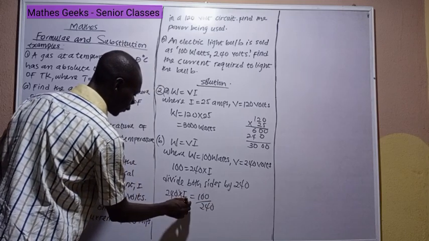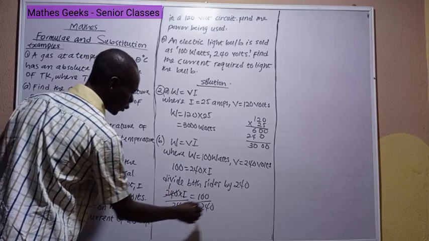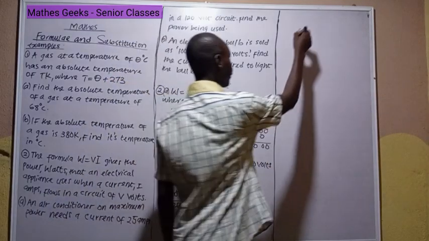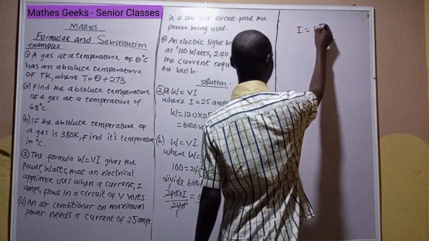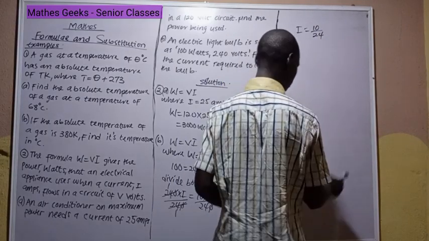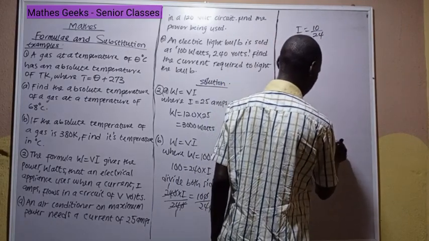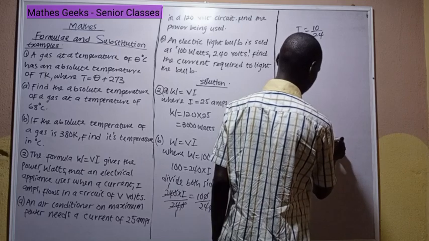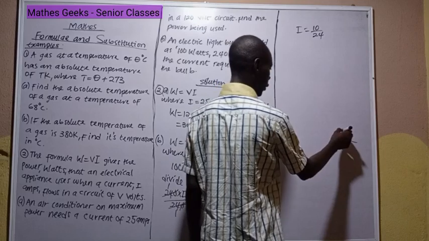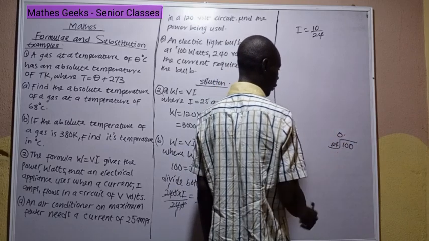The 240s cancel, and the 0 cancels 0. So I is equal to 10 over 24, that is 10 divided by 24. We come here and say 24 divided by 10. 24 into 10 cannot go, so we put 0 point and add 0.